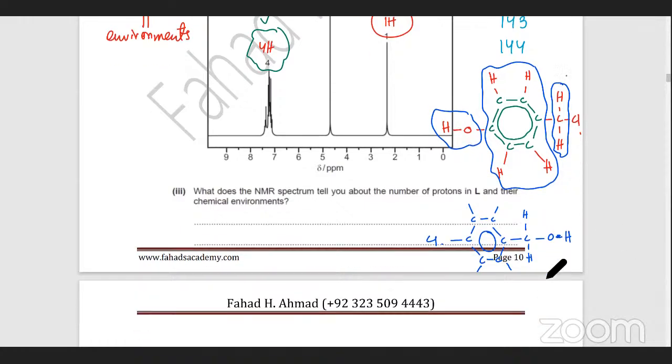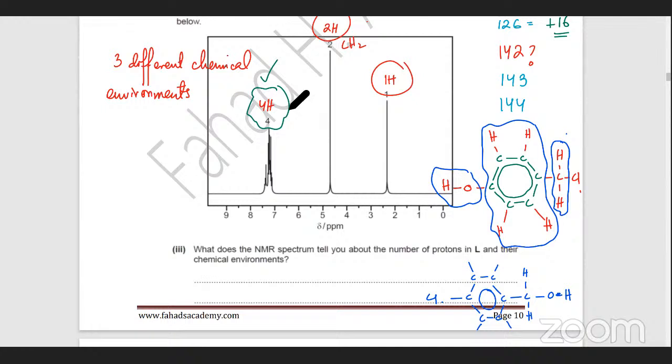So that is another possibility. That would still give you four hydrogens in the same environment, a CH2 in a different environment, and an OH in a different environment.